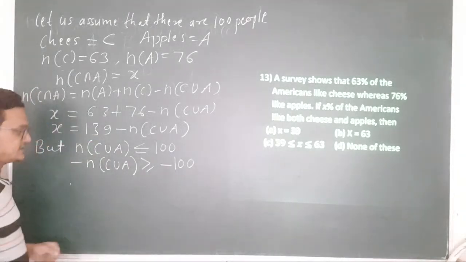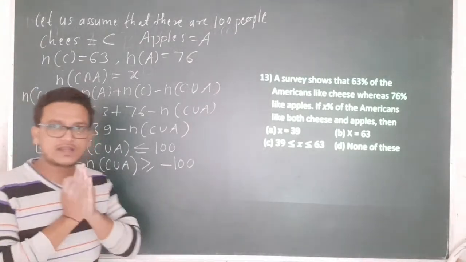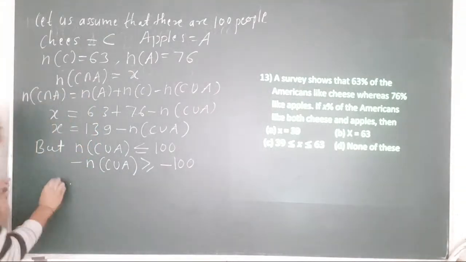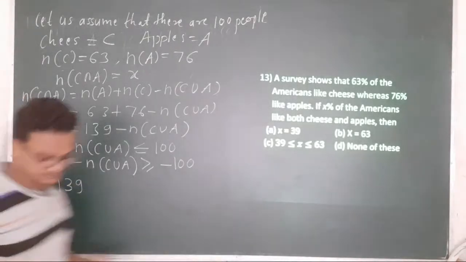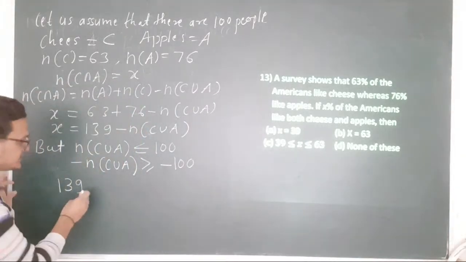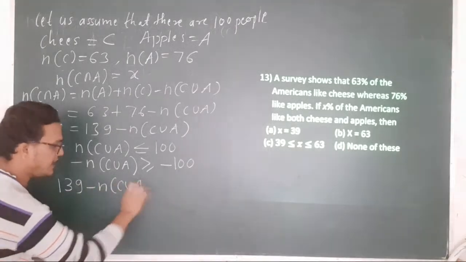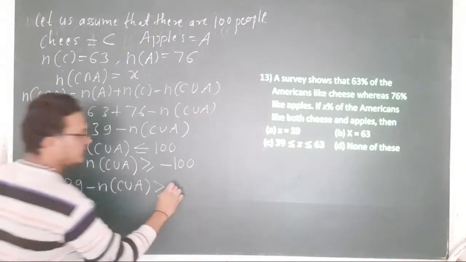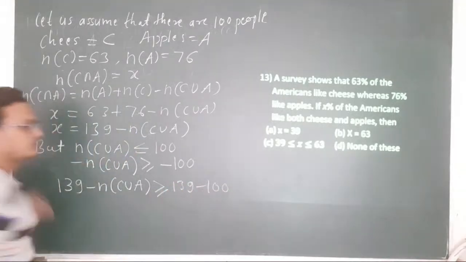Next, as per the rule of linear inequality, I will add 139 on both sides. So 139 minus n of C union A is greater than or equal to 139 minus 100.